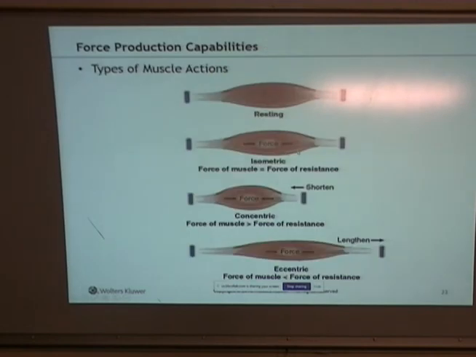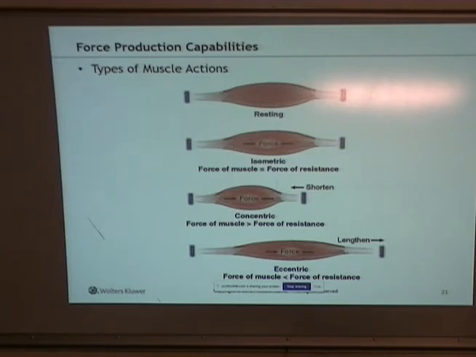Then we'll go back to picture number 2. In picture number 2, we have force production, but the heads are pulling and there's nothing happening.